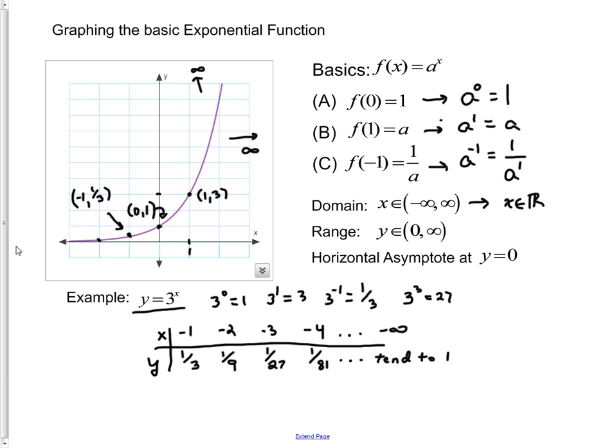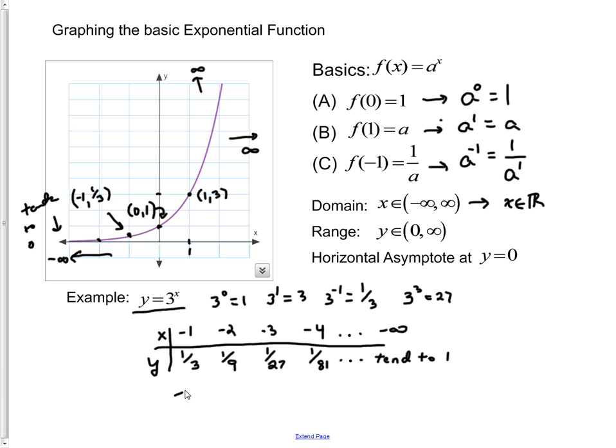So in other words, as we go to the left towards negative infinity, it looks like the y value tends to 0. But you'll notice that it never goes negative. We never get a negative number. We're just going to get smaller and smaller positive numbers.